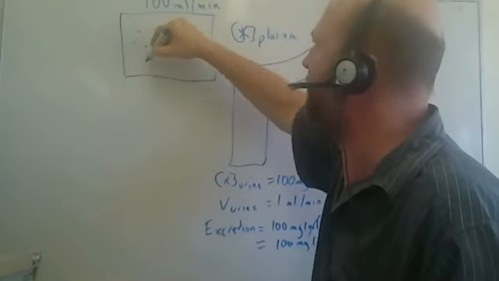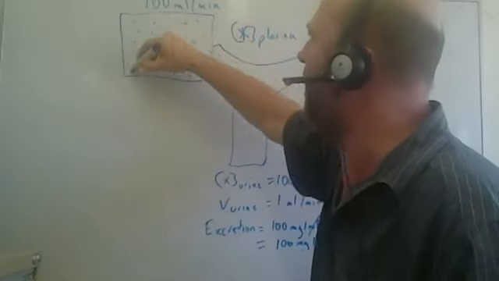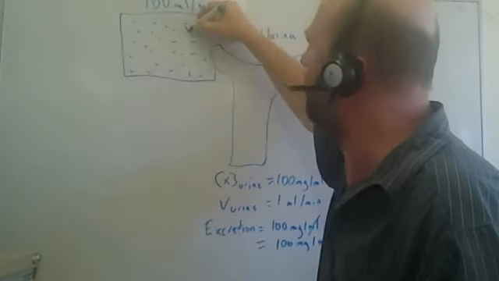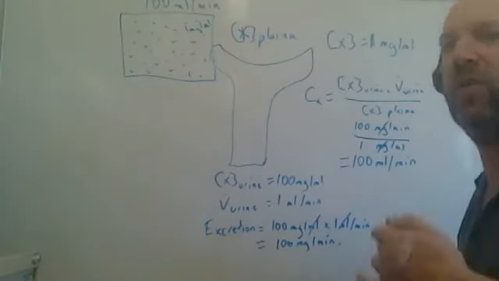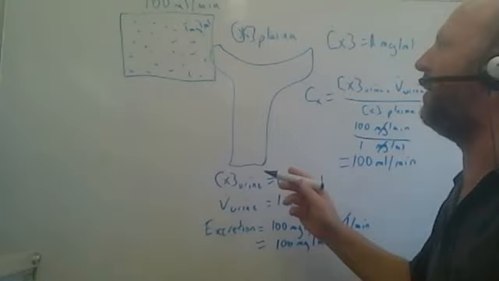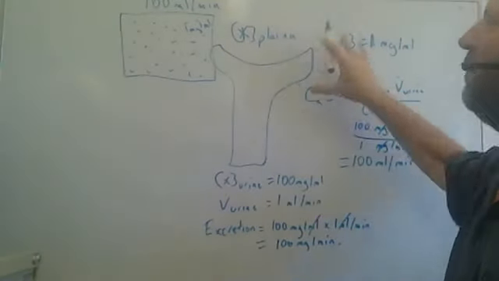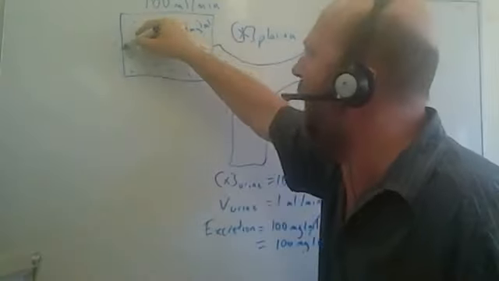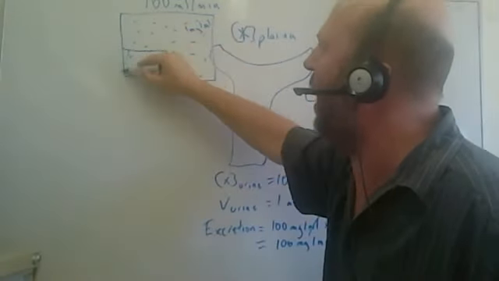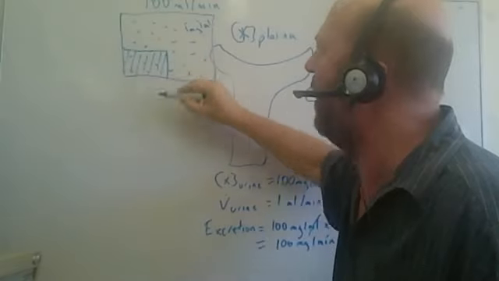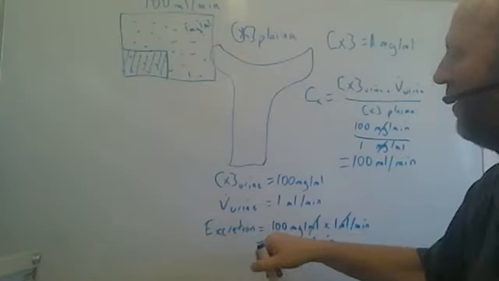Here's X, nicely sprinkled all around in that plasma at 1 milligram per mil. Well, what the clearance value of 100 mils per minute means is that out of this 700 mils that passes by the glomerulus every minute, you have taken 100 mils of that and cleared it totally of substance X.